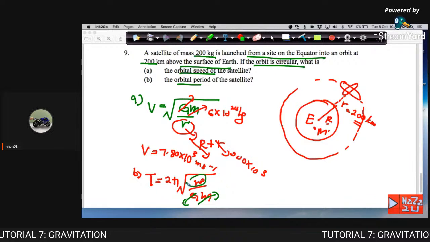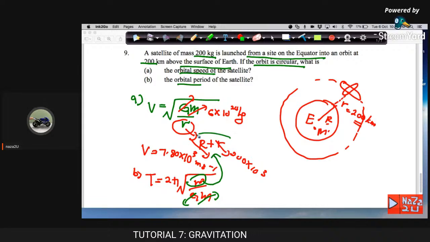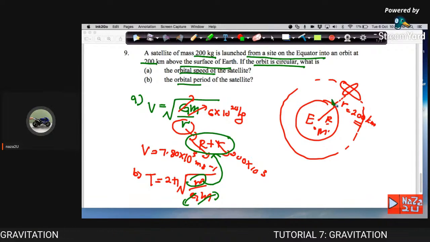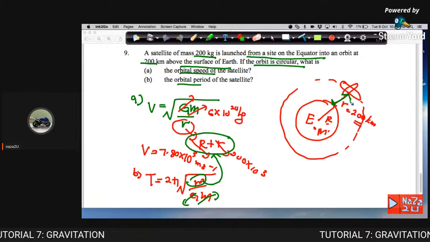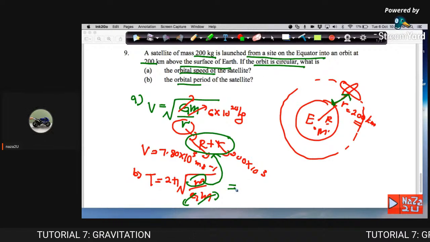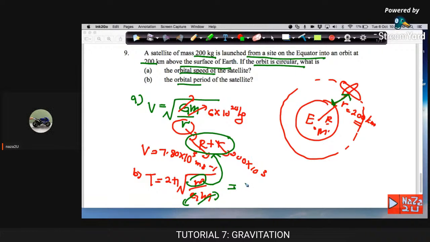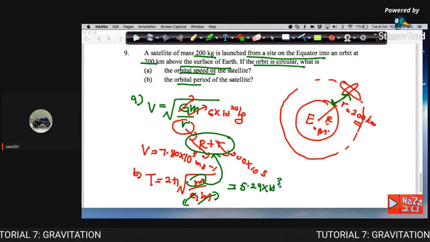And the R here, the distance, is the same process as here: radius of the Earth plus the distance from the surface of the Earth to the position of the satellite, or altitude distance, right? 200 kilometer. Put all the values into the equation for the period T, and the final answer we have is 5.29 exponent 3 second.